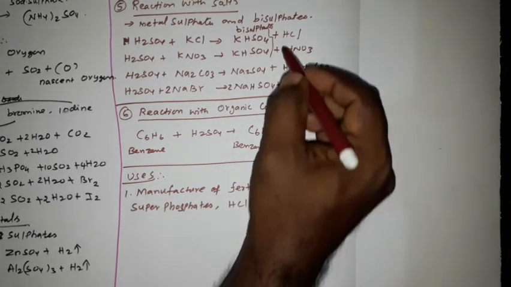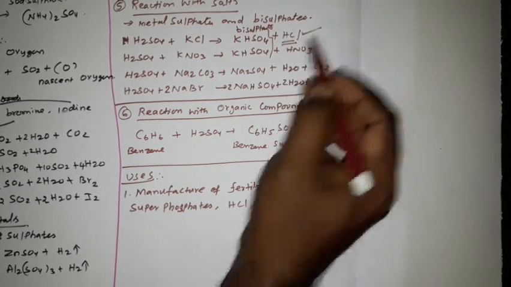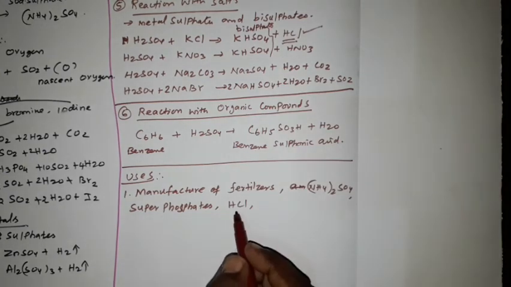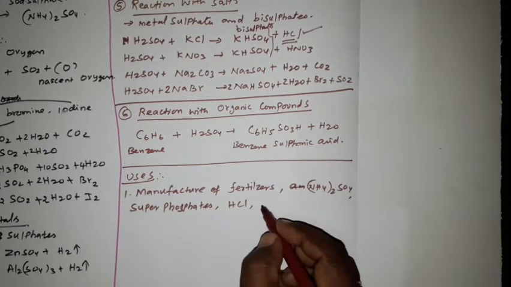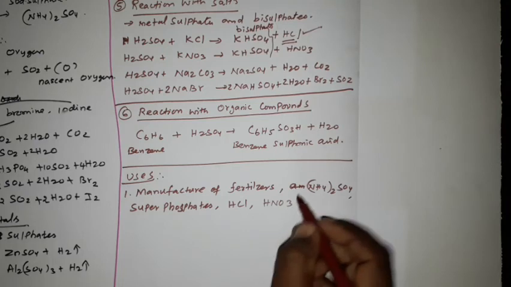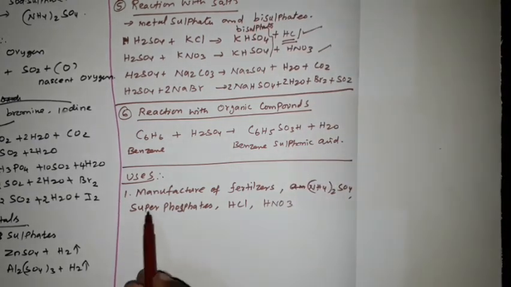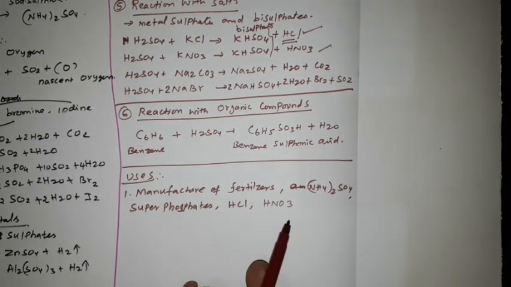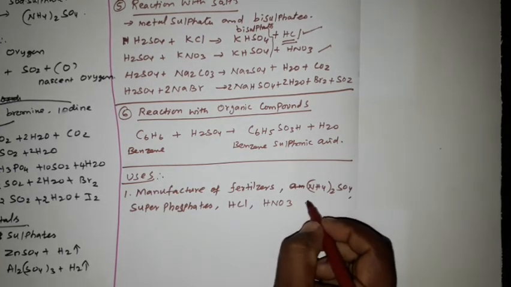See HCl, we already studied here. So manufacture of HCl and nitric acid, HNO3. See HNO3. So manufacture of fertilizers, ammonium sulfate, superphosphates, HCl and nitric acid, etc.